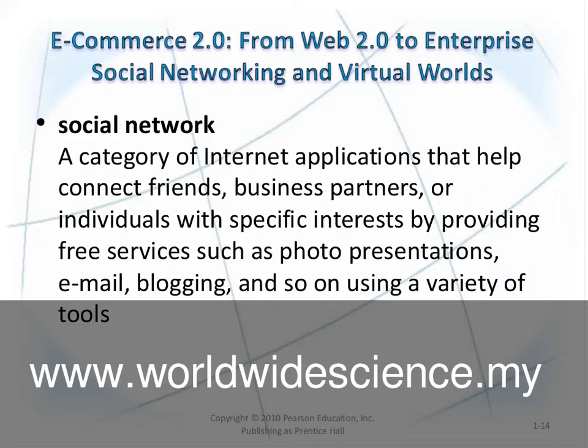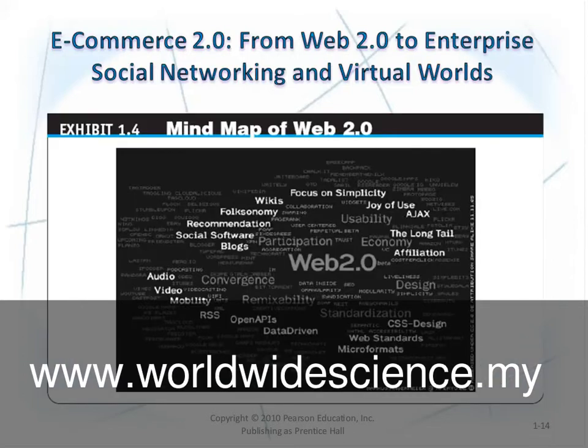Here you can see a mind map of Web 2. Actually, web technology is growing gradually in order to make using the web easier and simpler for people, and to make the relationship between human and machine more and more intimate.